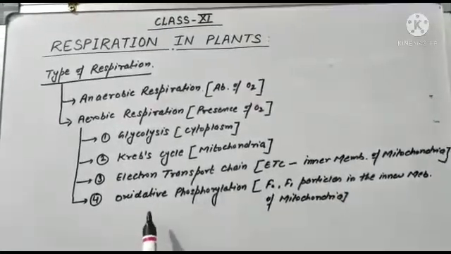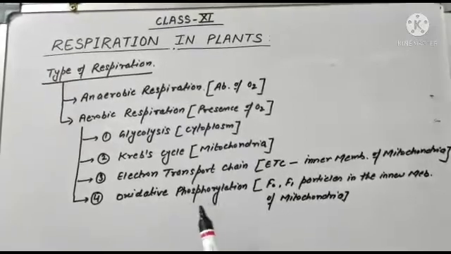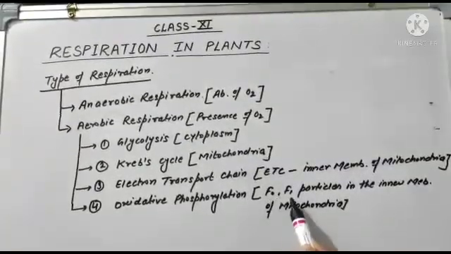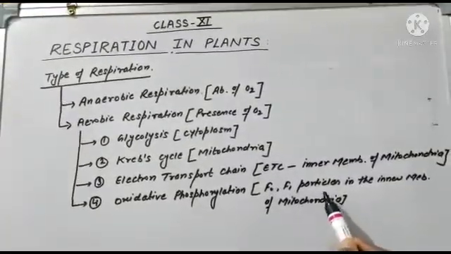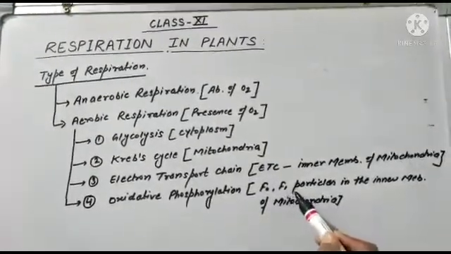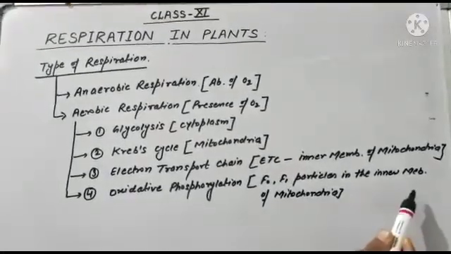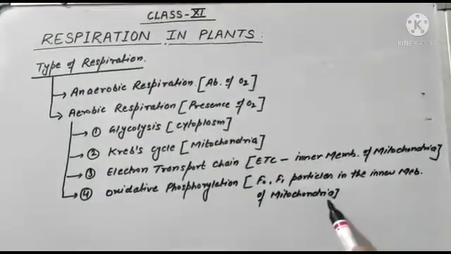The last step is oxidative phosphorylation, which generally occurs in the F1 and F0 particles. These are proteins, and F1 acts as an ATPase enzyme, and these reactions generally occur in the inner membrane of the mitochondria.